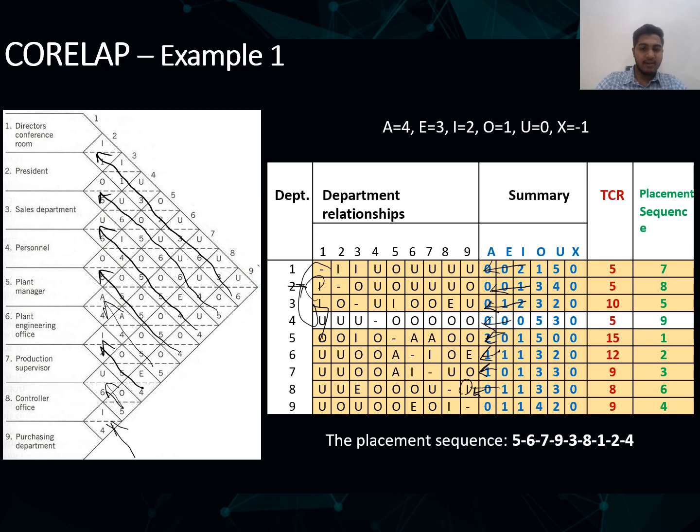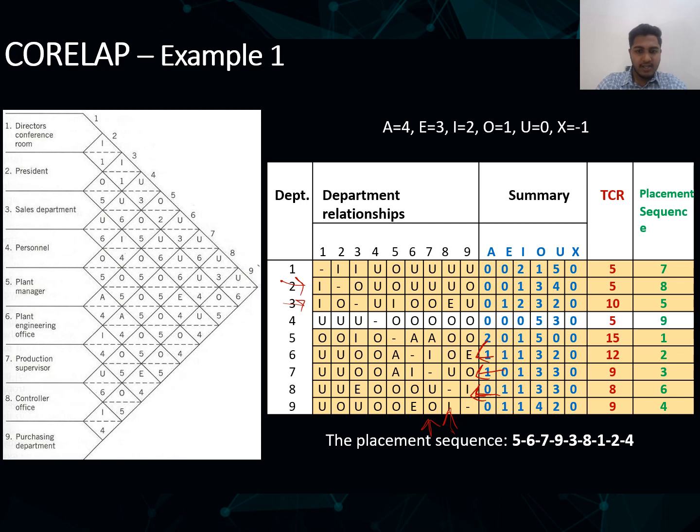I, I, O, U, O, U, E, O, I, E, O, I, O, O, A, 5 O's, the same as represented here, which we have done from right to left. Here we need to do it from bottom to top.